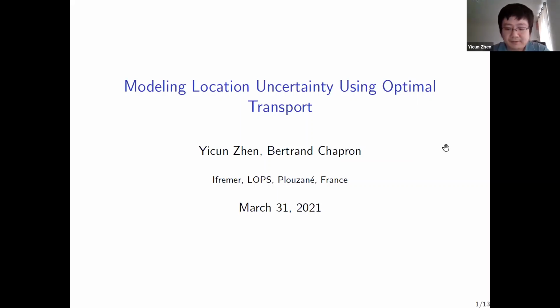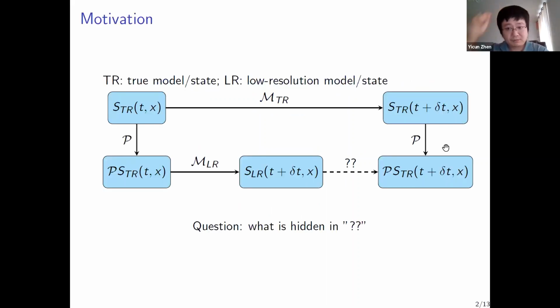So basically, okay. First, the problem we look at is the following. The top is the true model. You start from the initial state we denote by S_TR, and suppose it is a true model M_TR. It doesn't matter whether we know it.